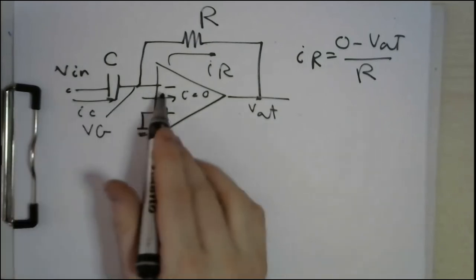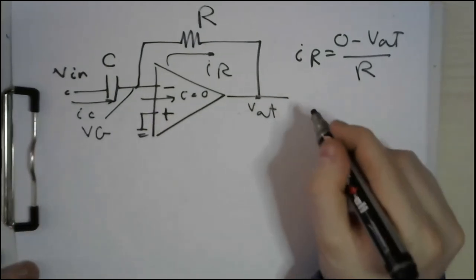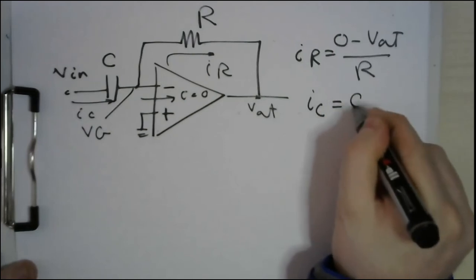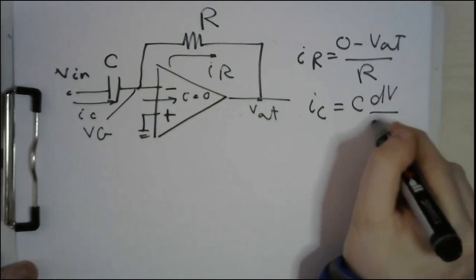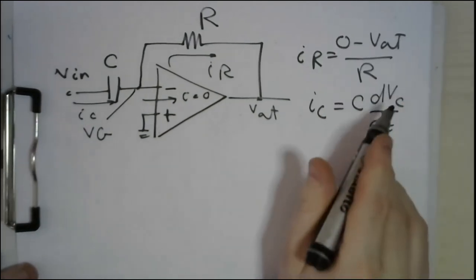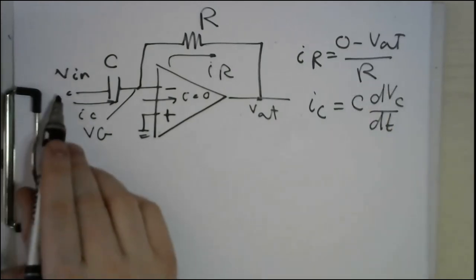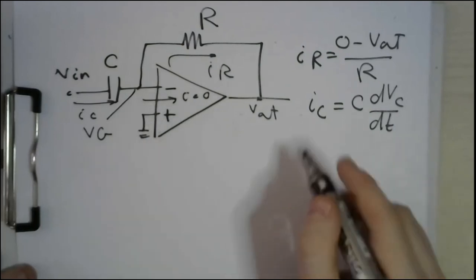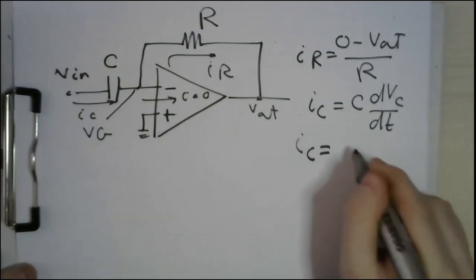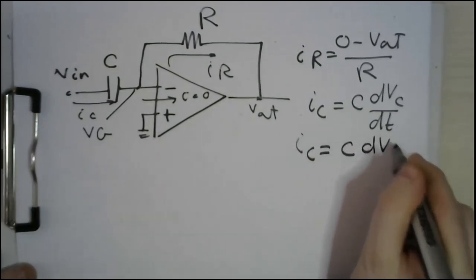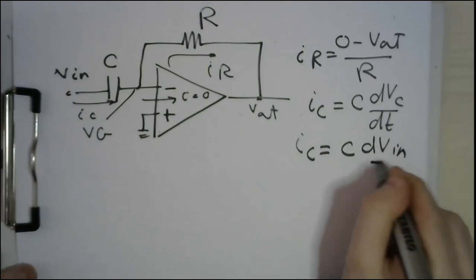And what about the current flowing in the capacitor? Similarly, IC equals C dV by dt. What is the voltage drop on the capacitor? It's Vn minus 0. So IC equals C times dVn by dt.